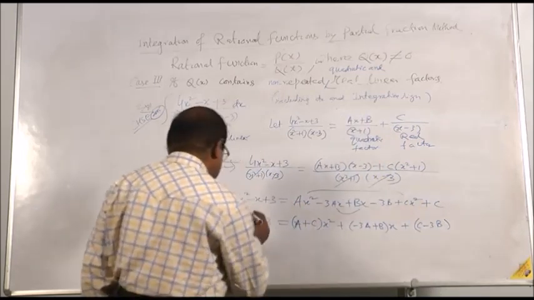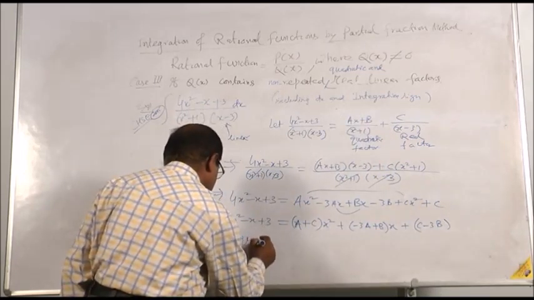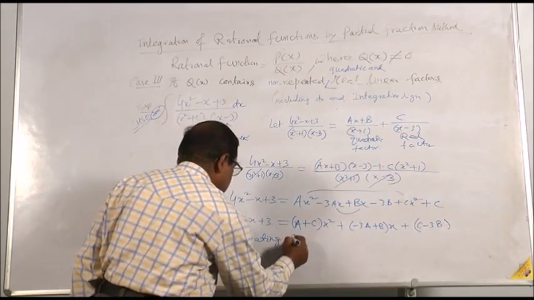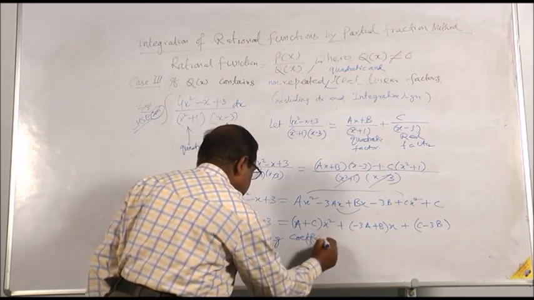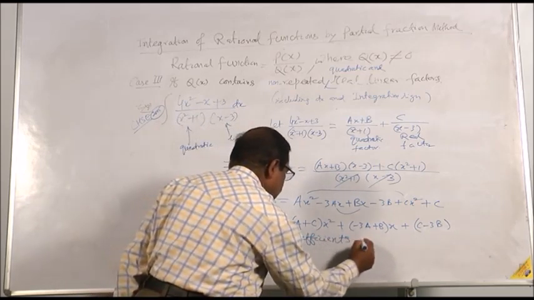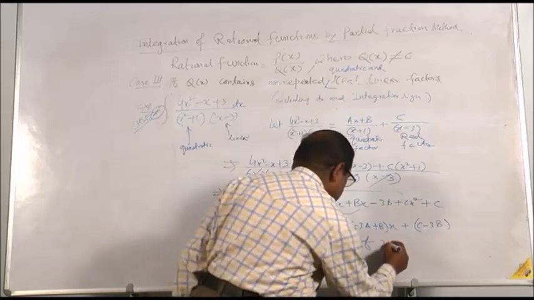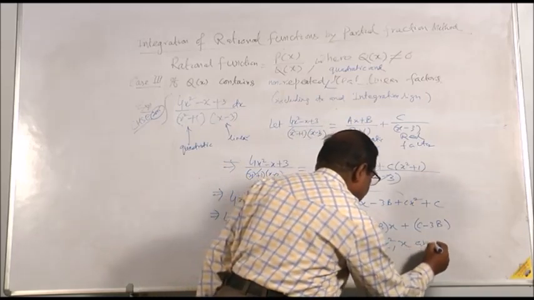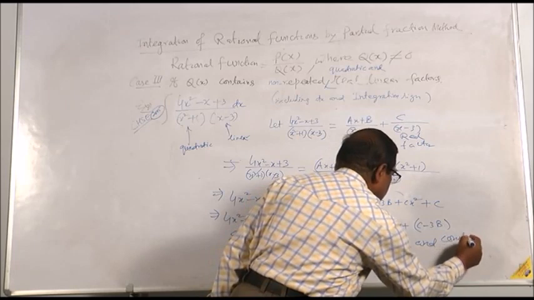Now you can write, equating coefficients of x square, x and constant terms on both sides.